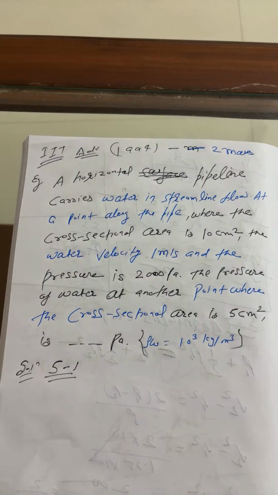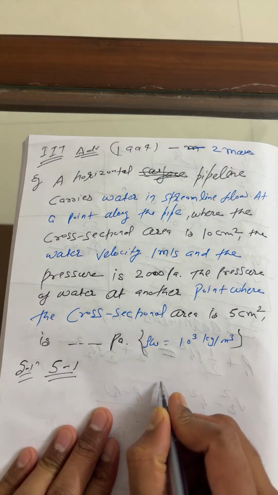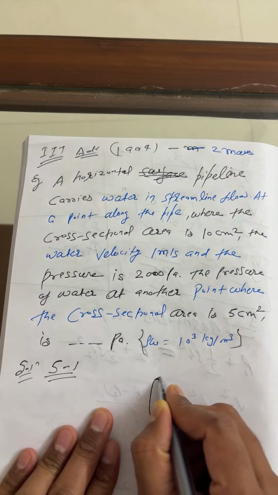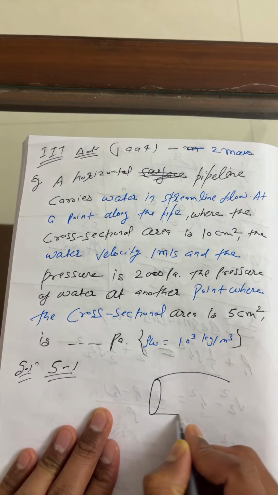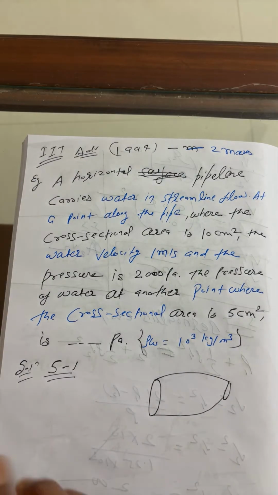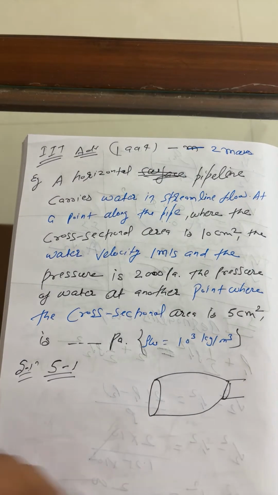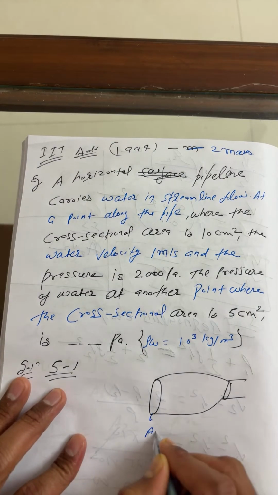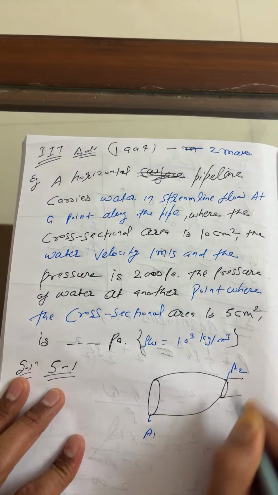A horizontal pipeline carries water in streamline flow. You can take it as a non-uniform cross-section like this. Let us suppose I call this area A1 and this A2.